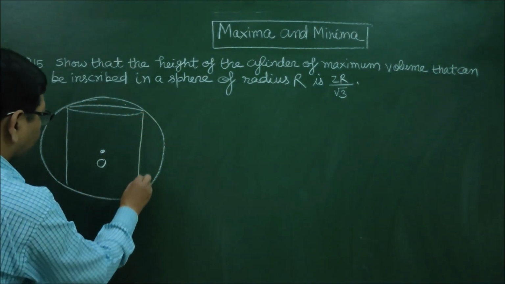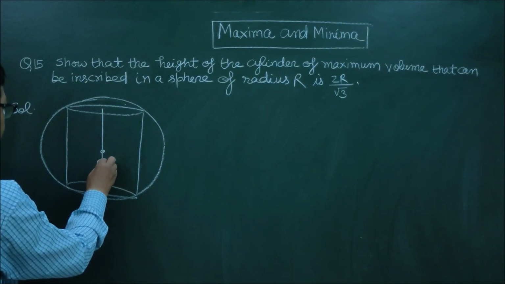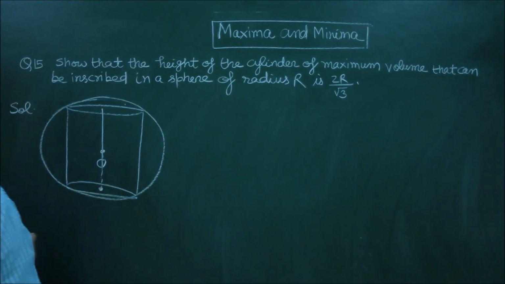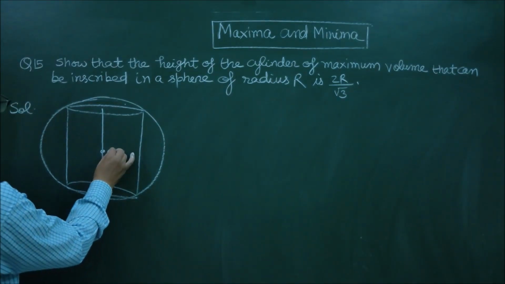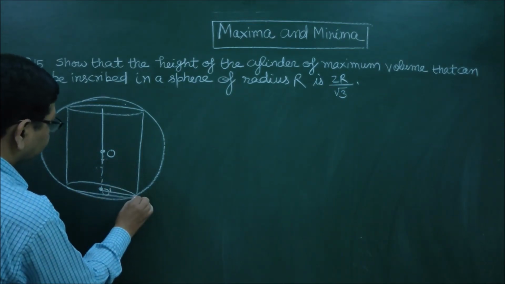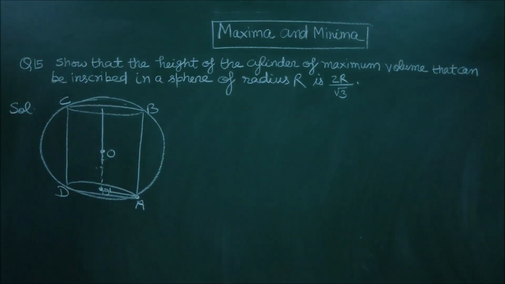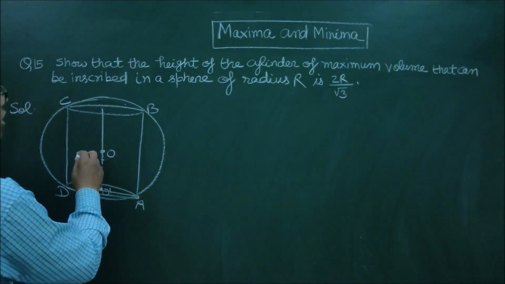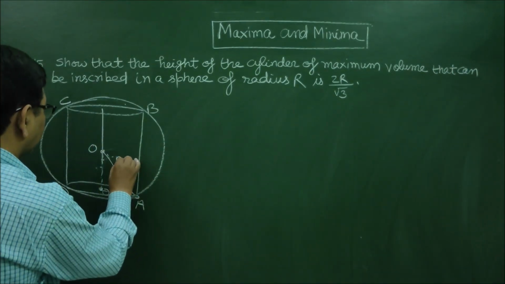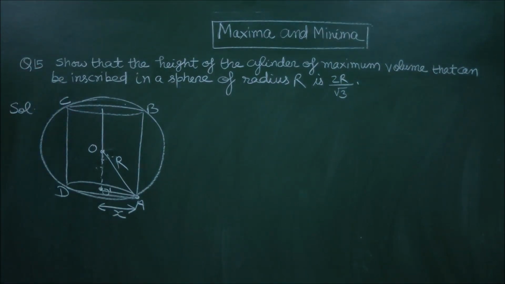So the axis of the cylinder must be along the diameter, so as to get the maximum height. O, and let this be O dash here, and these points be A, B, C and D. And the radius of the sphere, from this point O, this distance is r, and the radius of the base of the cylinder is x.